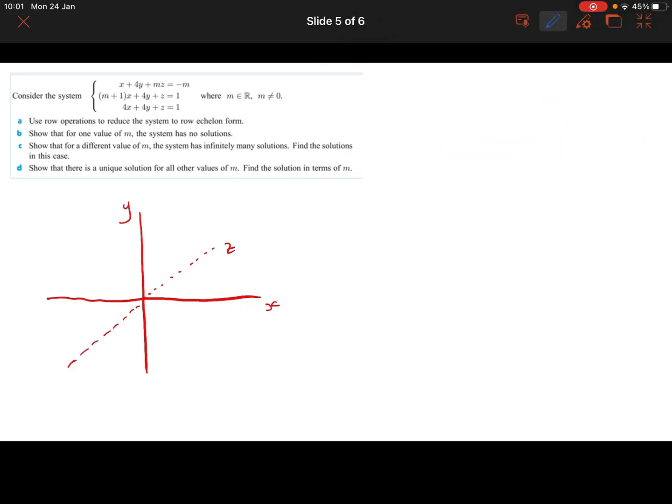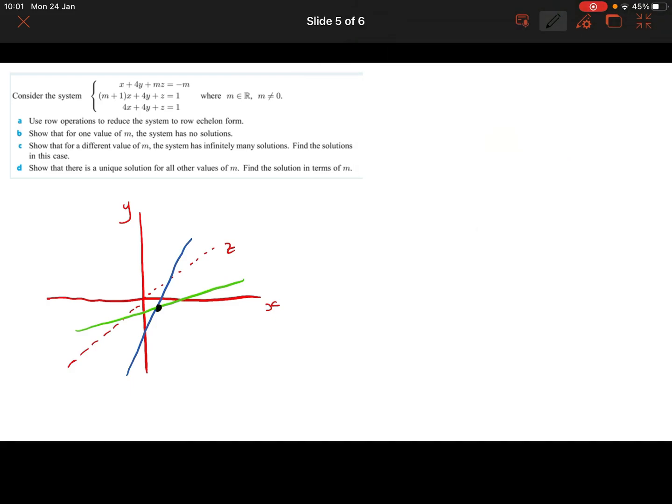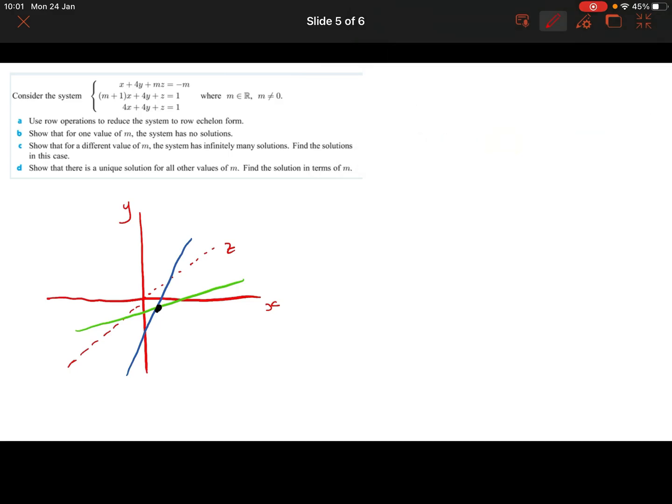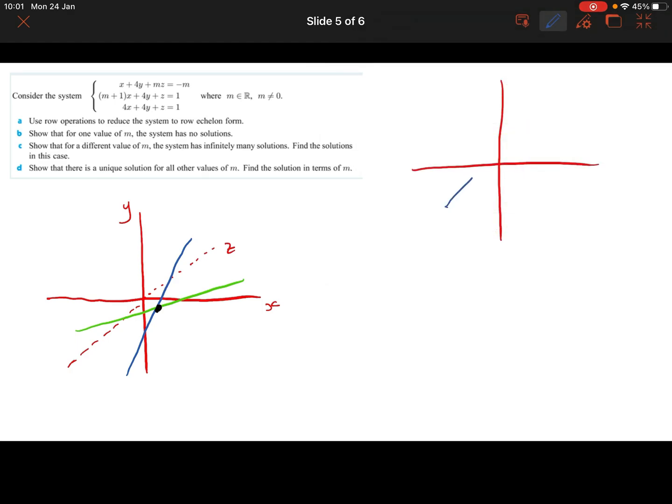Well, let's say we've got a line that looks like this, and they could intersect each other at this point here. What else could happen? It's exactly the same as 2 dimensions at this stage. They could be parallel.